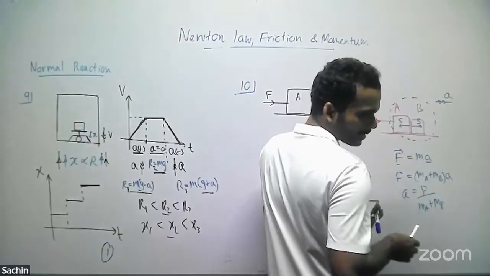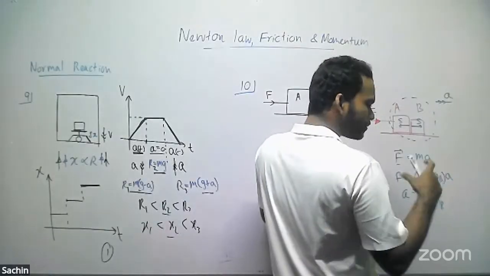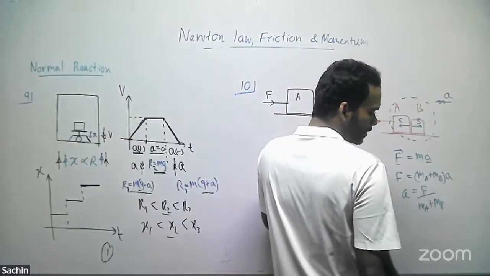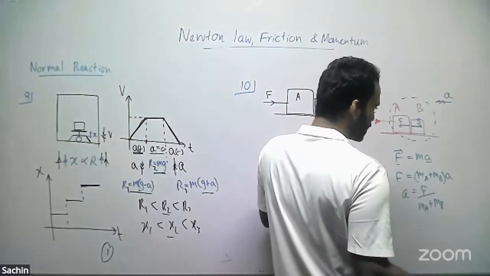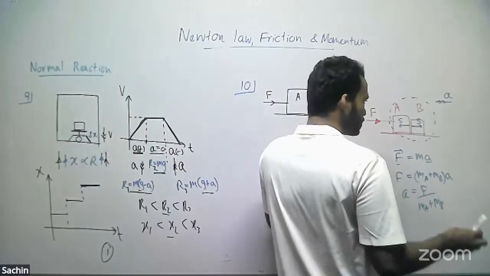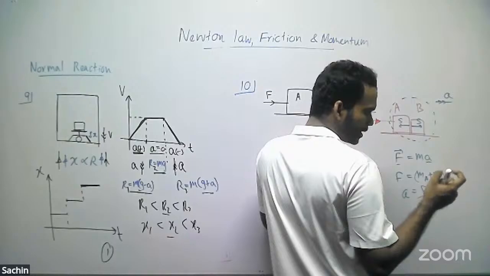Again, a simple trick. This does not influence when the force is kept as an internal force. But what if it is an external force? So I have to consider this as an external force.